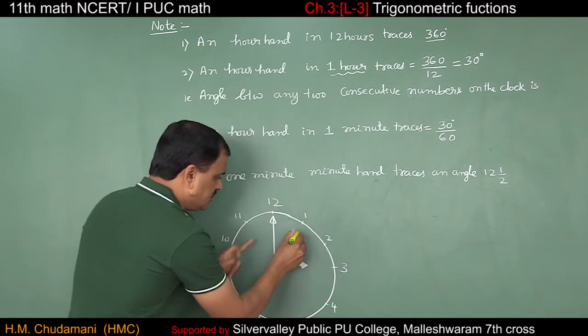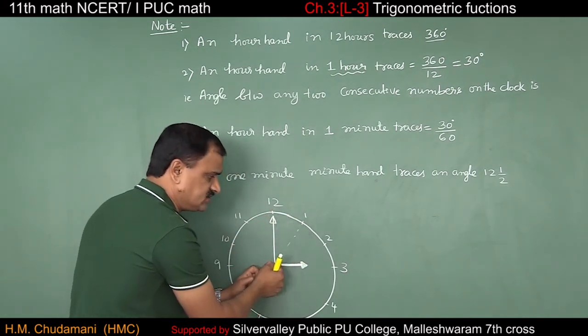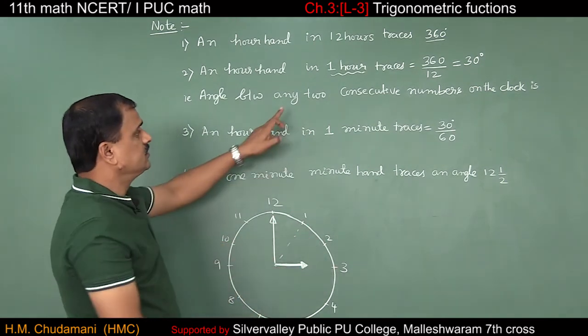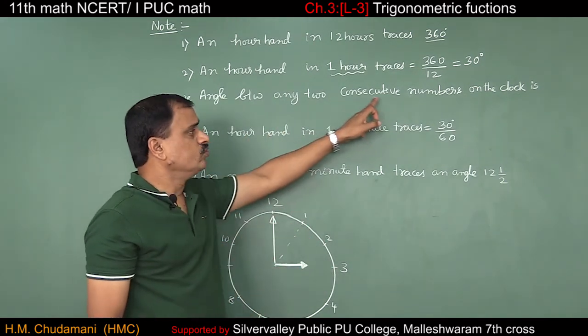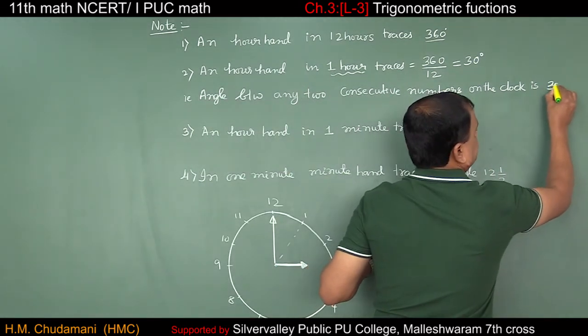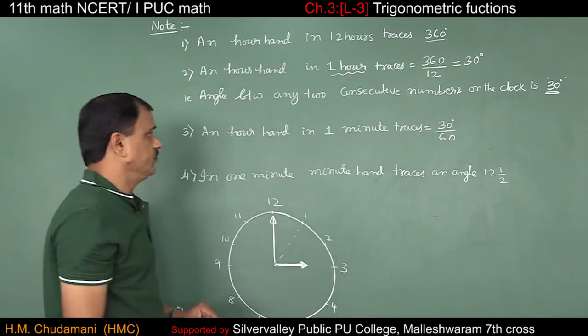That means each division from 12 to 1 is 30 degrees, between 1 and 2 is 30 degrees, between 2 and 3 is 30 degrees. Any two consecutive numbers on the clock are 30 degrees apart.